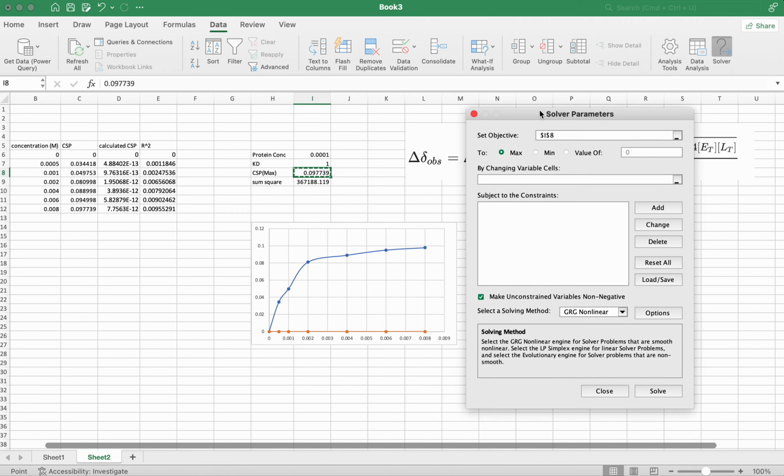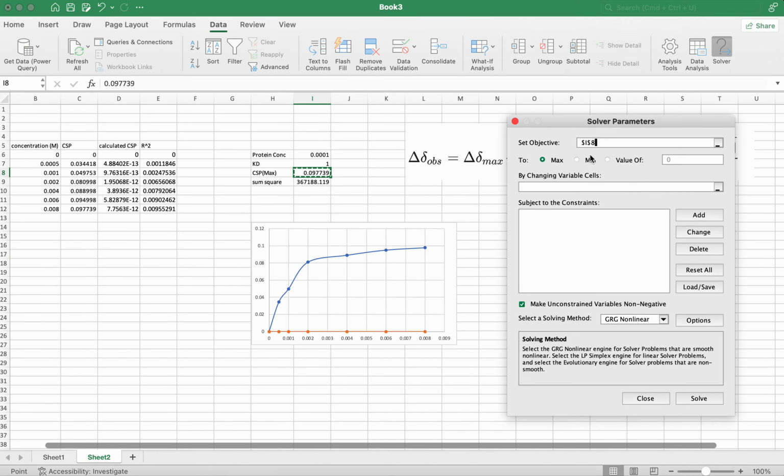So this is our Solver. Set objective. What we want to do is minimize this square. If we minimize this square, which means the experimental, this is experimental and this is theoretical, the difference is too large now. If we want to have a proper fit, the difference should be very small.